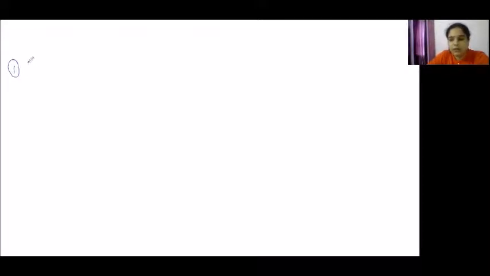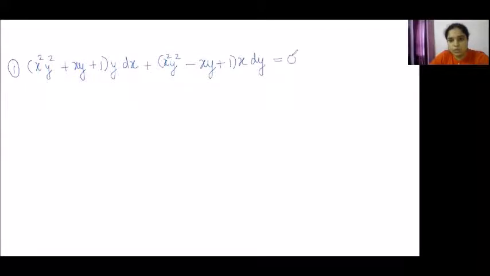The equation is (x square y square plus xy plus 1) y dx plus (x square y square minus xy plus 1) x dy equal to 0.